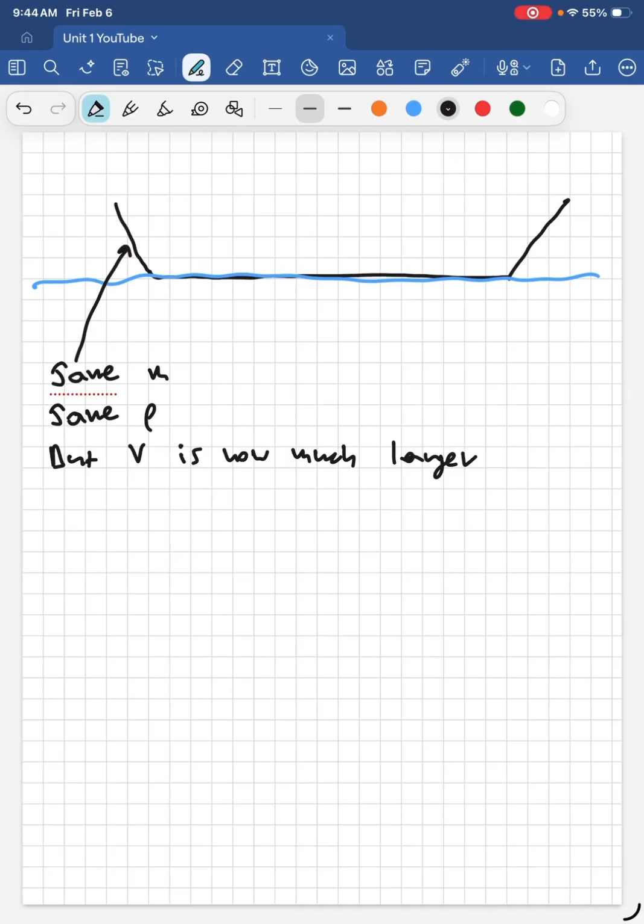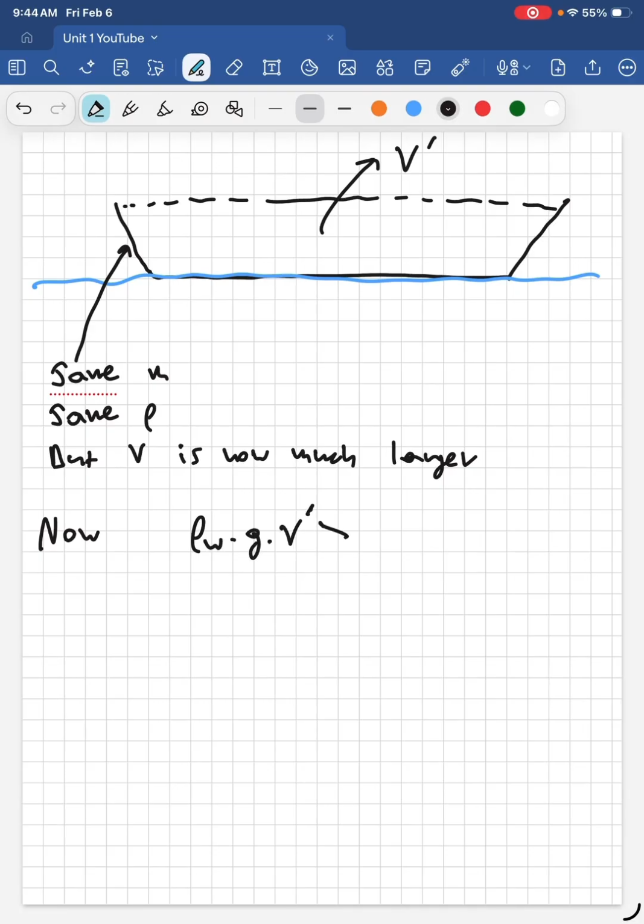You can think of the volume as this, so this is the new volume. So now the density of water times g times V prime is larger than the mass of this object, which is the same as before.